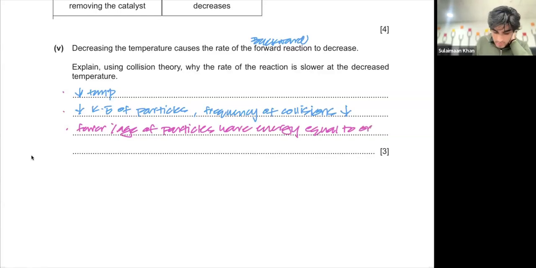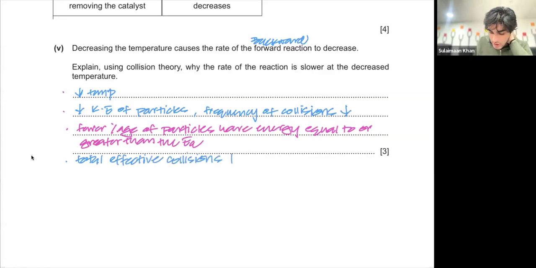Equal to or greater than the Ea, and due to which the total effective collisions decrease. Do I have to write and thus rate of reaction decreases? Do I have to write this?